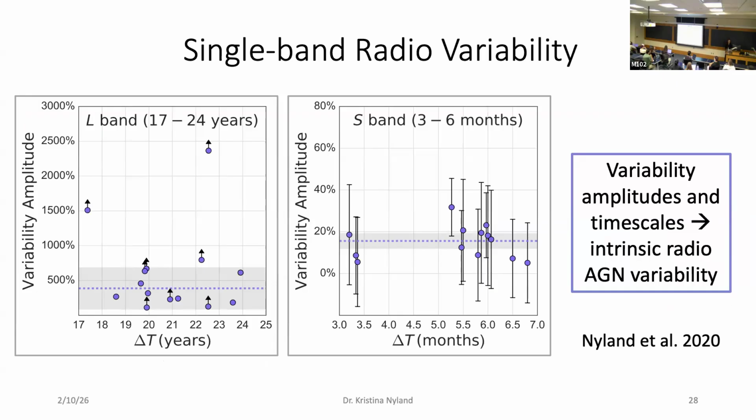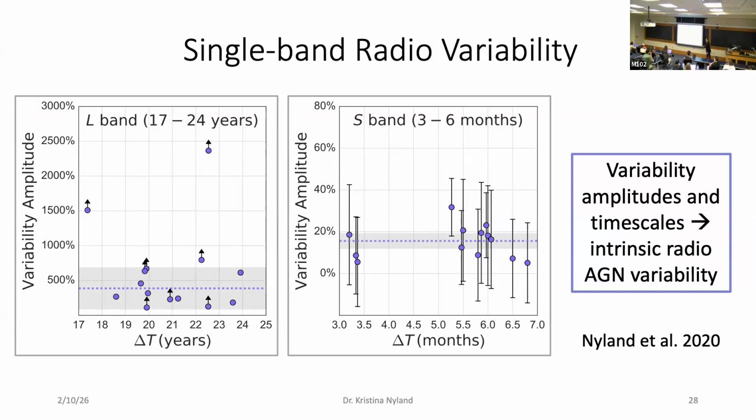So here are some plots showing the radio variability. This is just variability amplitude. Here I'm showing on the left how they varied at L-band when we followed them up, in comparison to the FIRST data. Some of them are limits because they were just completely not detected in FIRST.